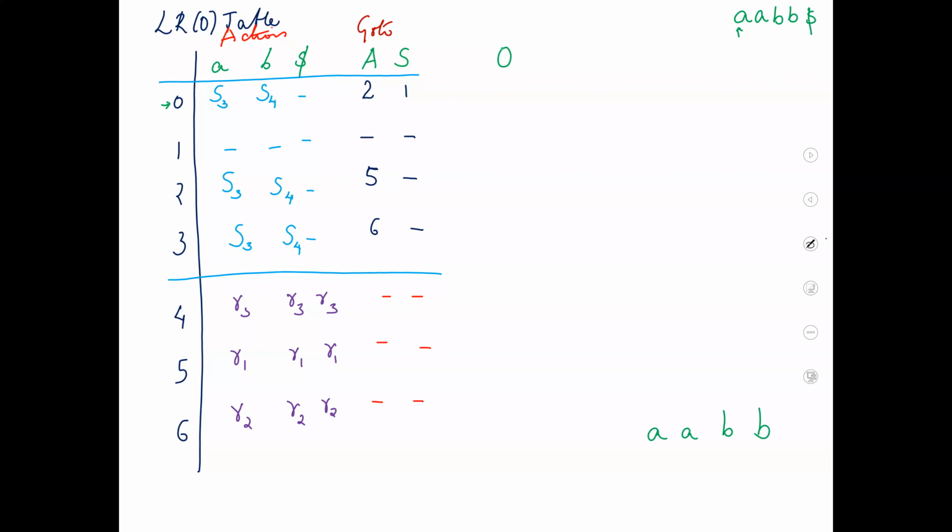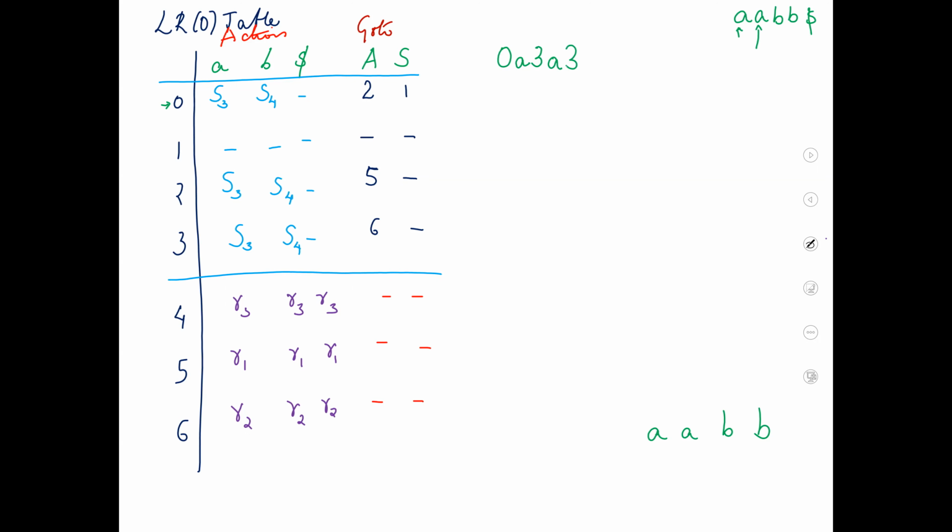I'm looking at A. Look here, 0A S3, which means push. S means push. So I write here 0A3. Now I'm done with my A. I encounter my next A. 3 encountering an A again says push S3, push 3 inside.